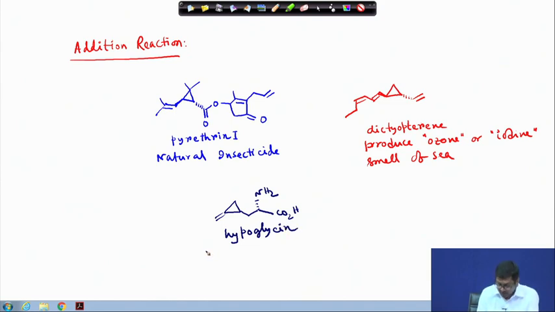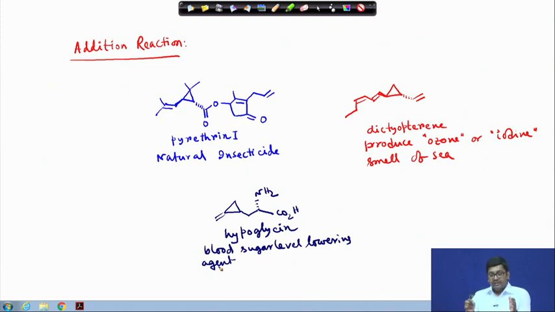So, how does this work? This works to lower the level of blood sugar. Okay. So, a blood sugar level lowering agent. Okay. And this has been isolated from the unripe fruit of the ackee tree.